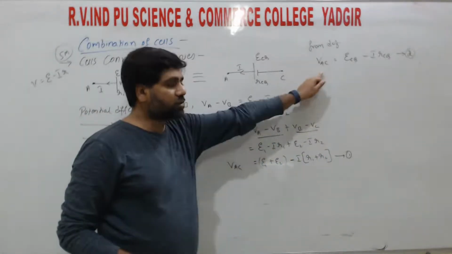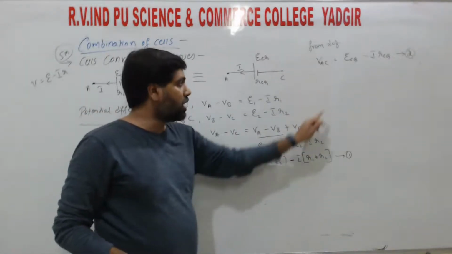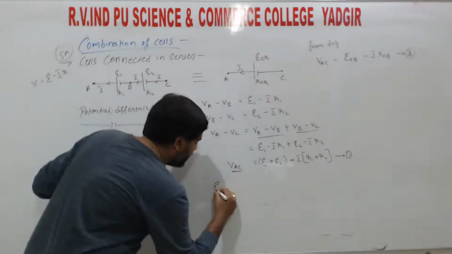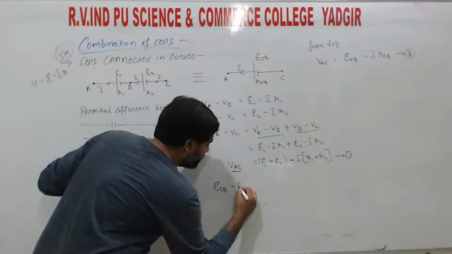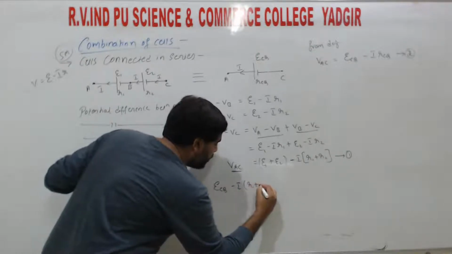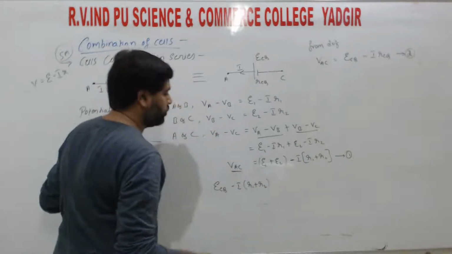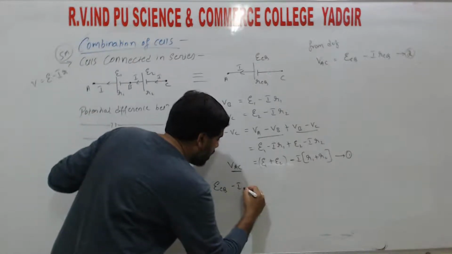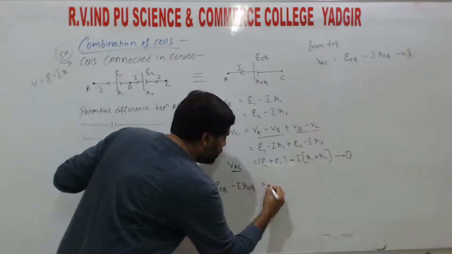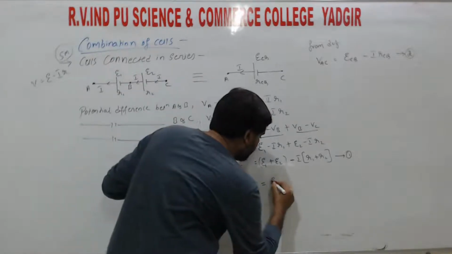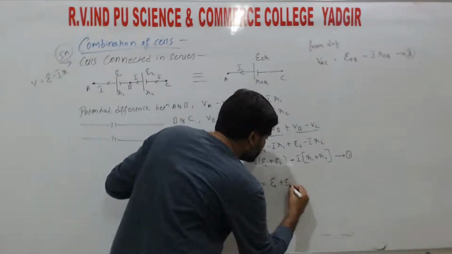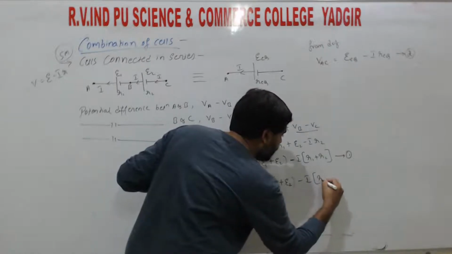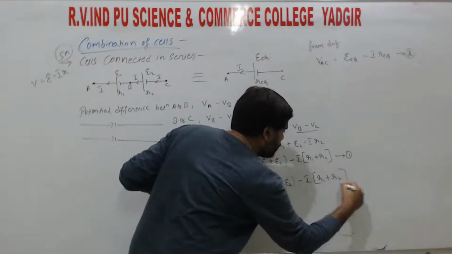If the LHS are equal, we can directly relate the RHS: E EQ minus I into R EQ equals E1 plus E2 minus I of R1 plus R2.